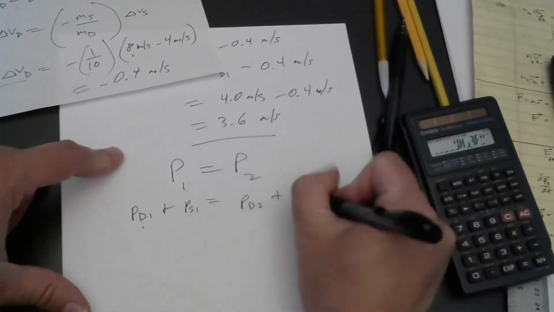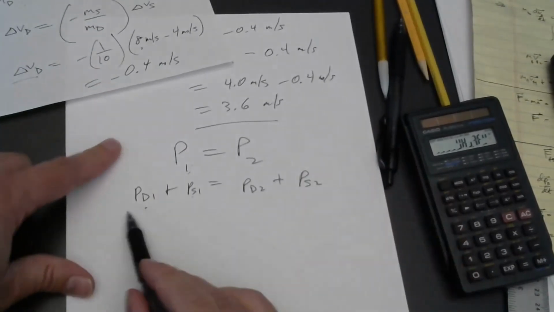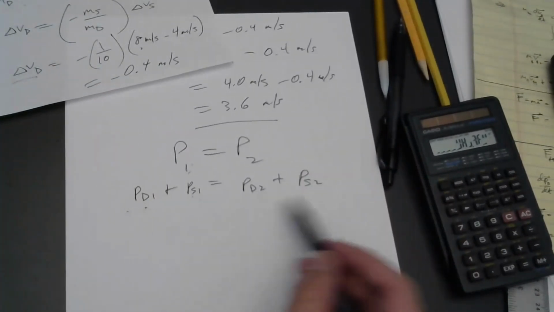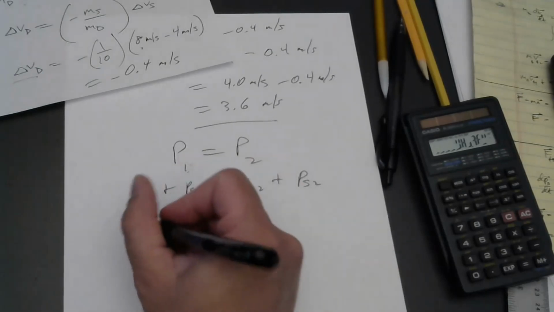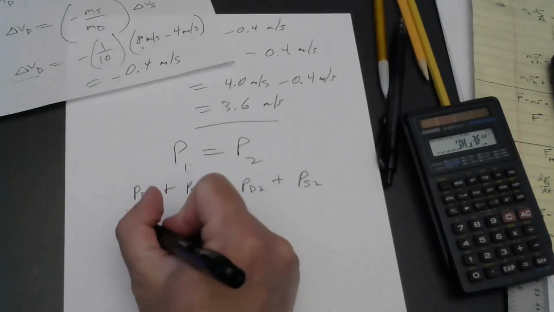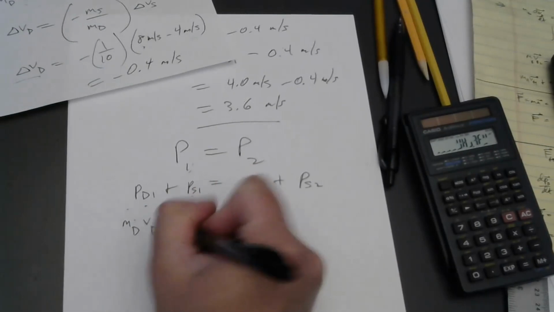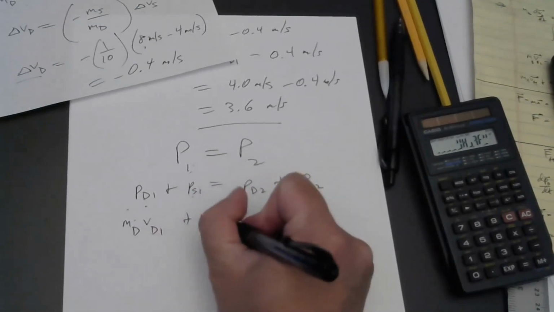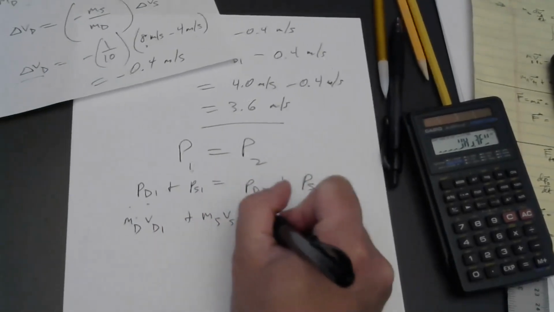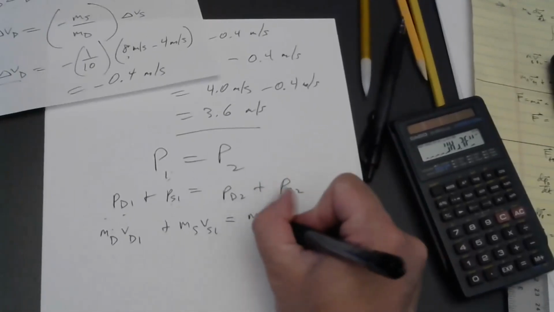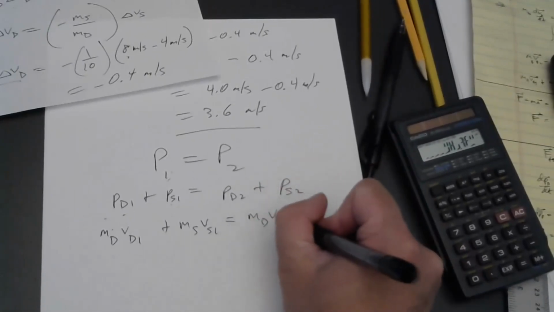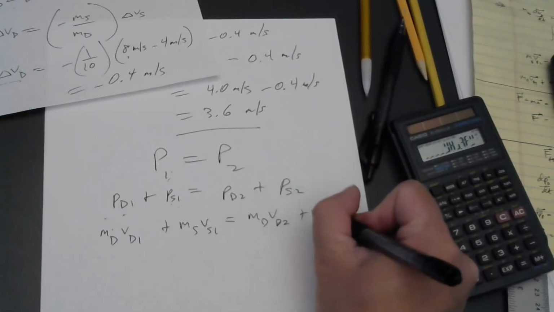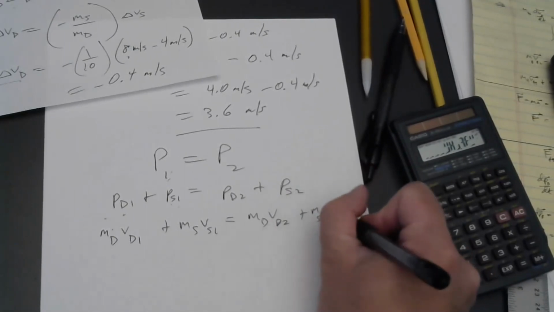Dan after and skateboard after. Whatever total momentum is present before should still be there after. m_Dan v_Dan at time 1 plus m_skateboard v_skateboard at time 1 equals m_Dan v_Dan at time 2 plus m_skateboard v_skateboard at time 2.